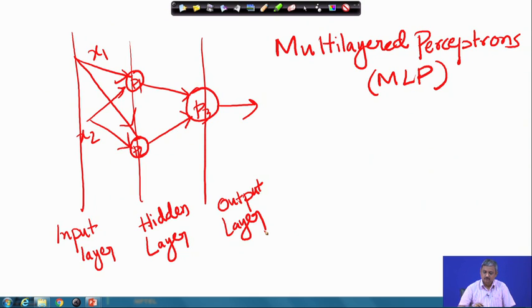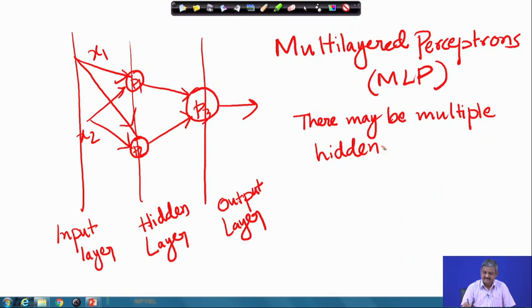There may be multiple hidden layers, as many as you want.